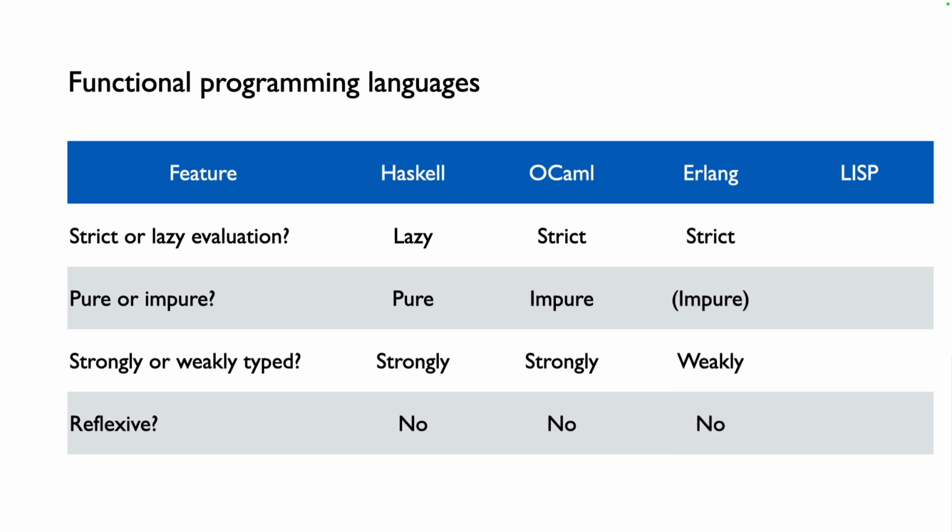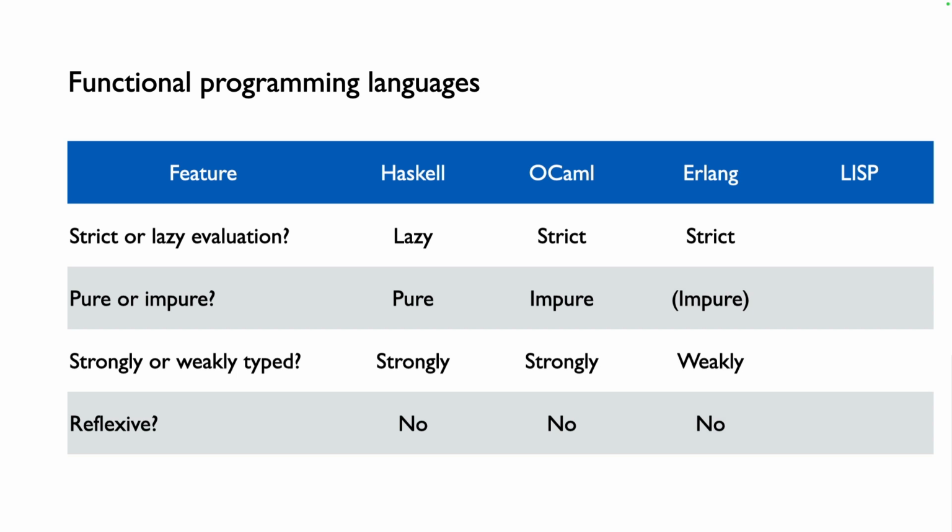Erlang is also strict. Erlang's a different language in that it's functional, but at its heart is concurrency. So while Erlang doesn't contain mutable variables that can be updated, it does allow concurrent things like spawning a new concurrent process to occur as a side effect of evaluation, or it allows a message to be sent.